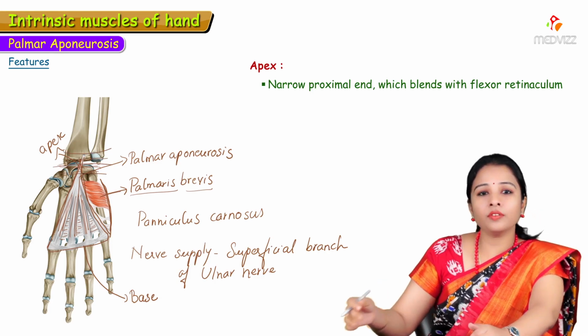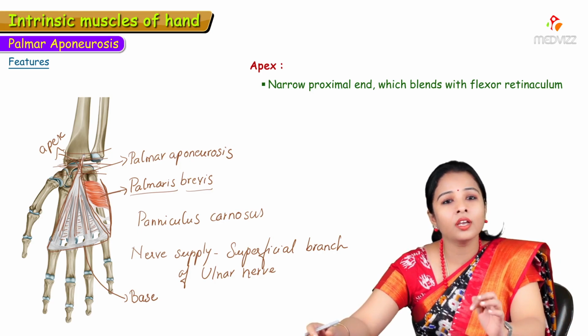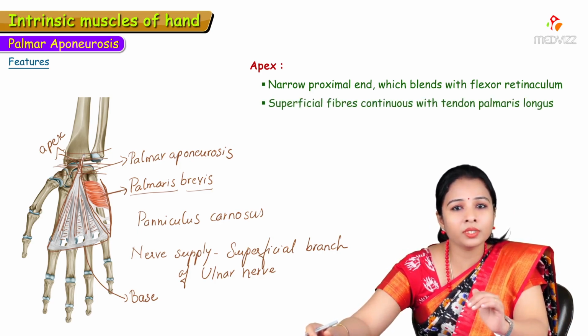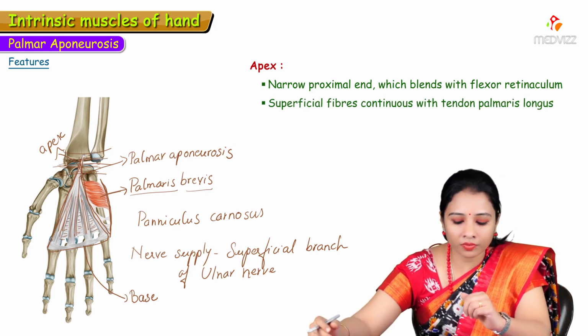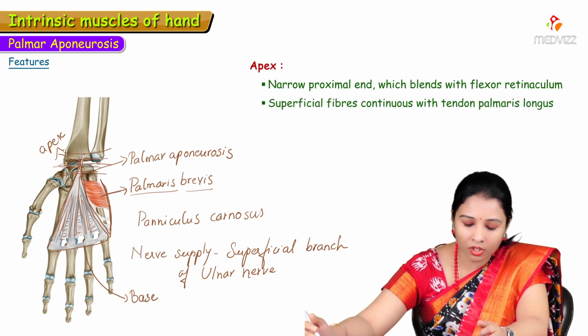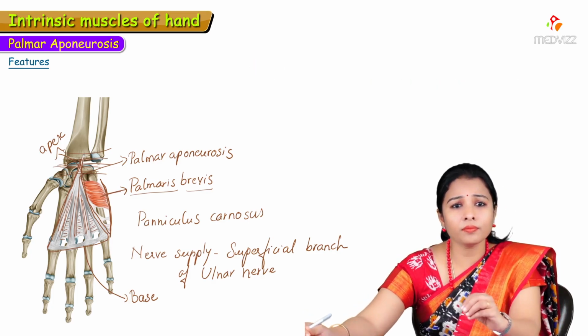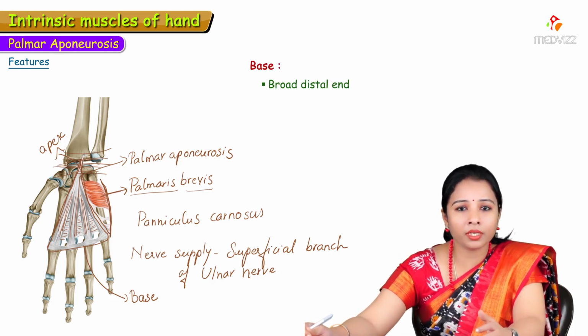It blends with the flexor retinaculum, which is also a modification of deep fascia, and its superficial fibers are continuous with the tendon of palmaris longus. The base is the broad, distal end of the palmar aponeurosis.